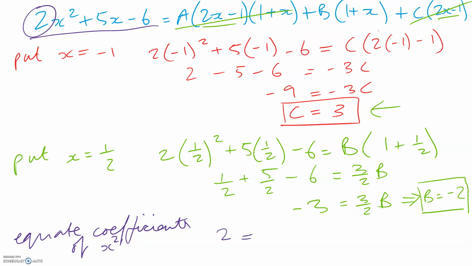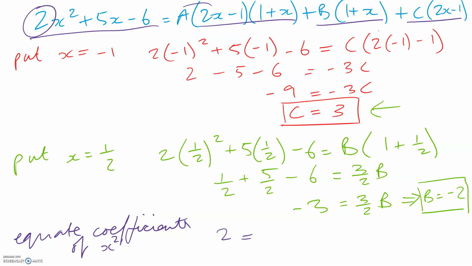And the right hand side, the only things that are going to give you an x squared, if you were to multiply out all these brackets on the right hand side: this isn't going to give you an x squared, this isn't going to give you an x squared. So the only thing that's going to give you an x squared is when you multiply out these brackets and then multiply by a.